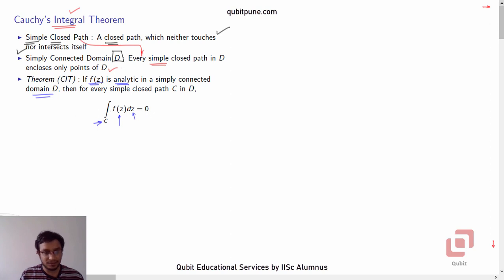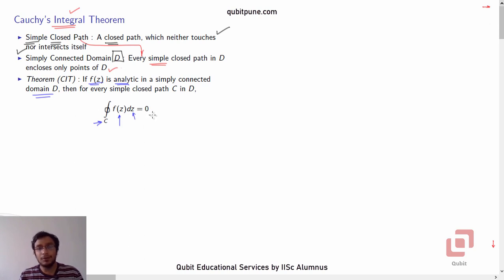Because it is an integral along a closed curve, let's encircle the center of the integral. So the Cauchy's integral theorem says that if we have a function which is analytic throughout the simply connected domain D, and you consider any simple closed path in D, its value will be equal to 0.